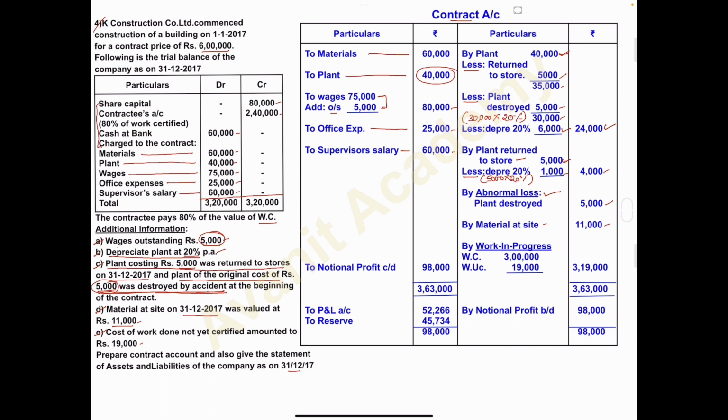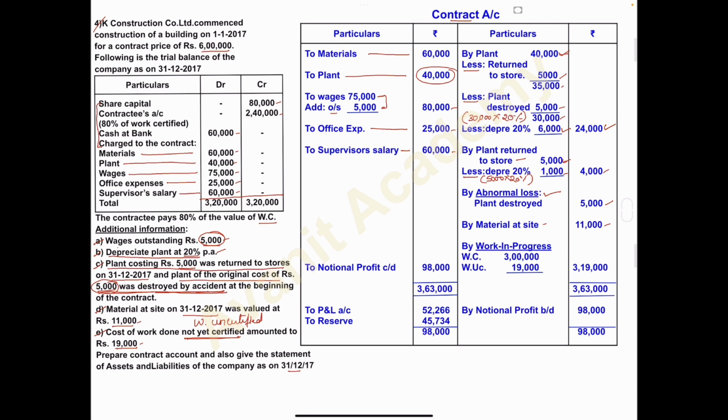So cost of work done but not yet certified, it means it is called work uncertified. Okay. Cost of work done not yet certified, so it is considered as work uncertified. Work uncertified amount is 19,000. So we have got the work uncertified amount.